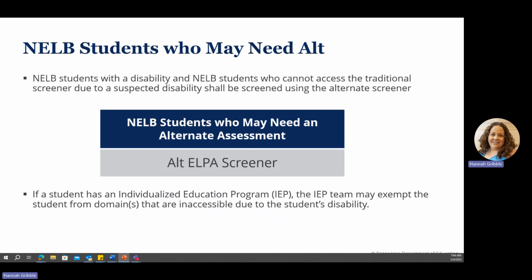NELB students with a disability and NELB students who cannot access the traditional screener due to a suspected disability shall be screened using the alternate screener. If a student has an IEP, the IEP team may exempt the student from domains that are inaccessible due to the student's disability.